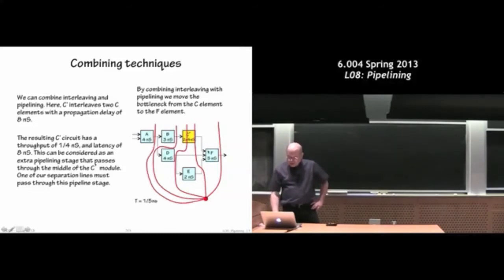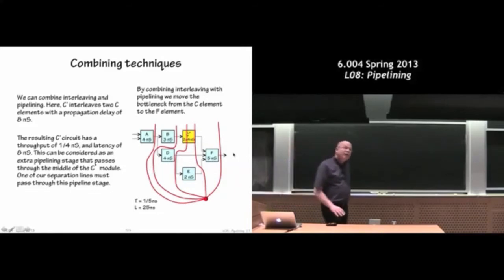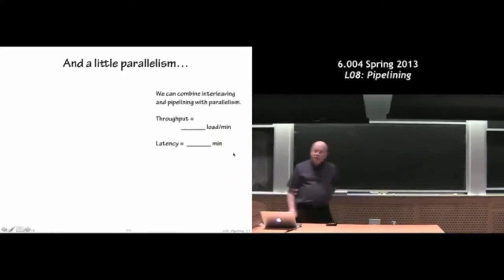And now we come up with a circuit where the slowest component is this 5-unit thing. This 8 is actually broken into 2 4 nanosecond stages. And so now our throughput is set by the F unit. And our latency is 25 nanoseconds, because there are now 1, 2, 3, 4, 5 registers between the inputs and the outputs.